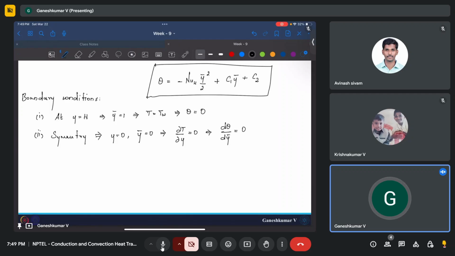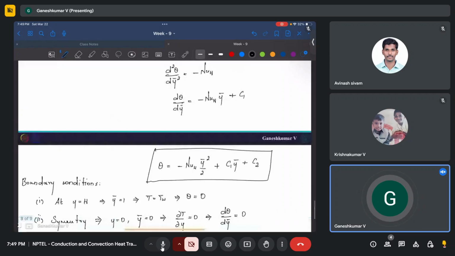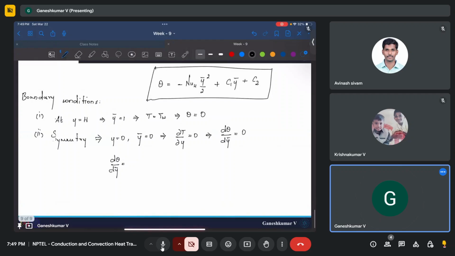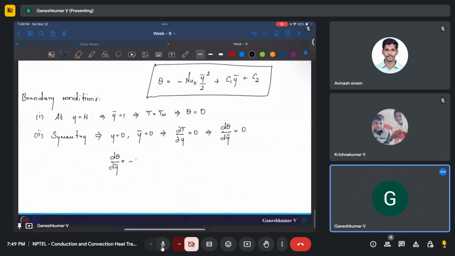We already know d theta by dy bar is nothing but minus Nu h y bar plus c1. Now if you substitute y bar equal to 0, this becomes 0 plus c1 equal to 0. So this gives c1 equal to 0.